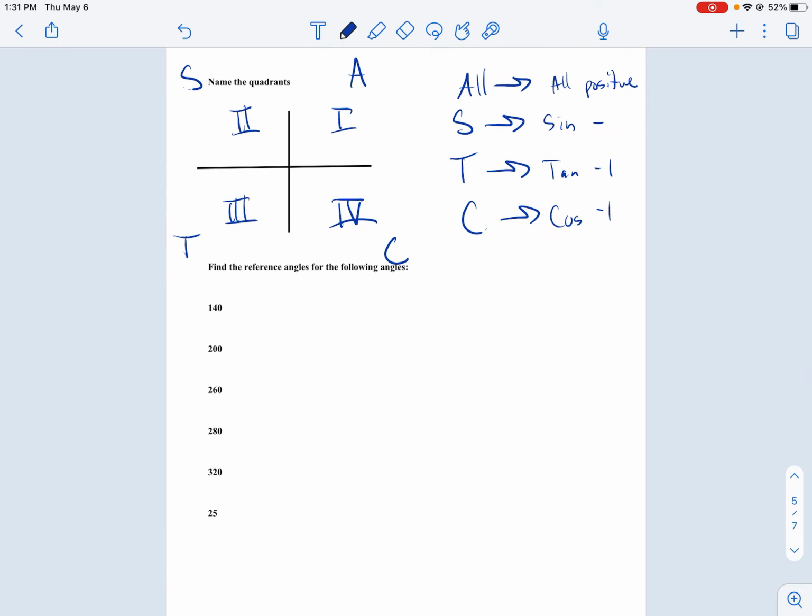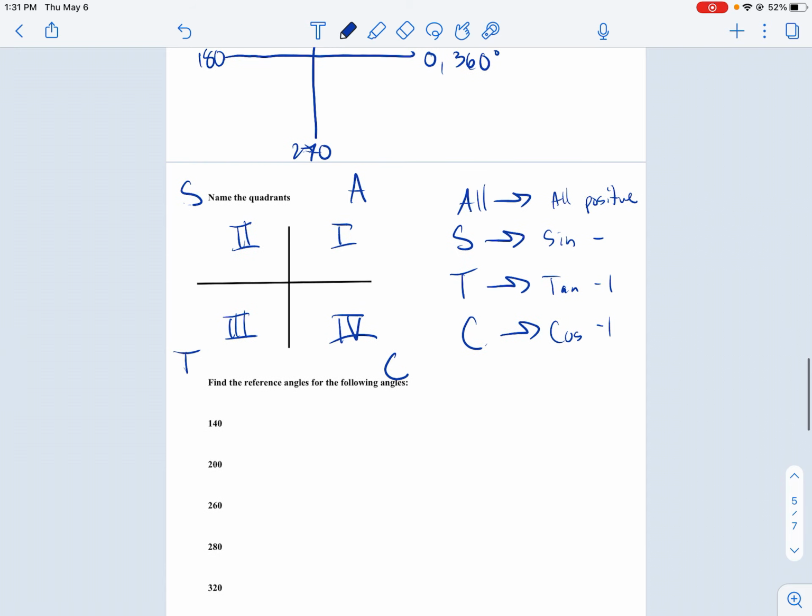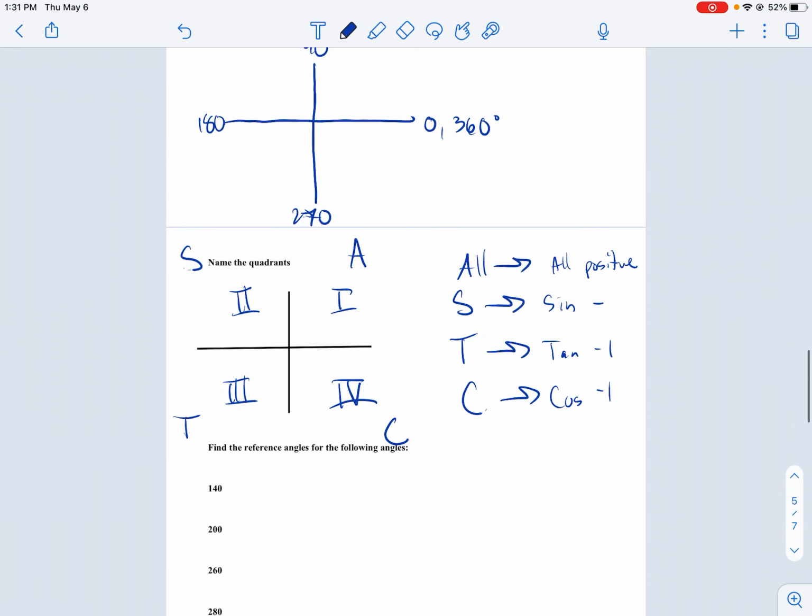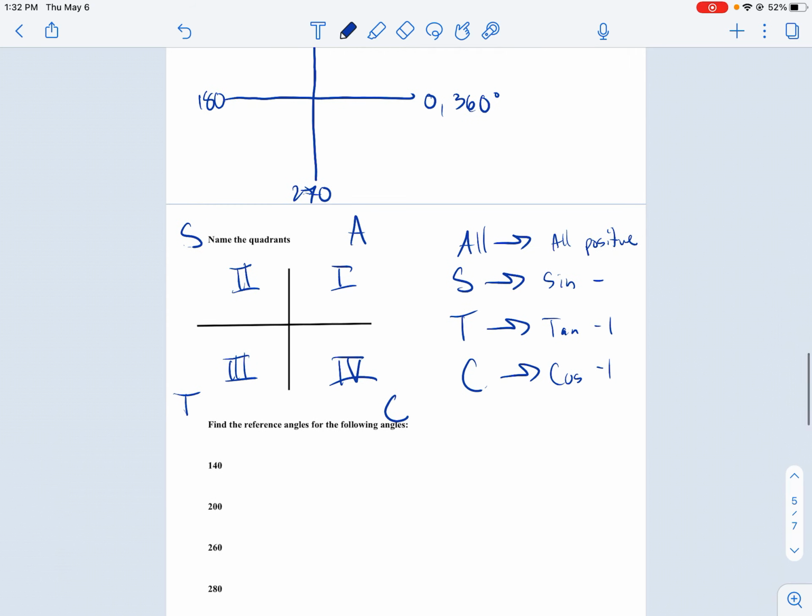In order to find what reference angle we're talking about, you want to utilize which quadrant we're in, depending on how far in degrees you're over, and then you utilize your closest horizontal axes, which is either 180 or 360. So for 140, I'm going to go 180 minus 140, and so my reference angle for 140 is 40 degrees.